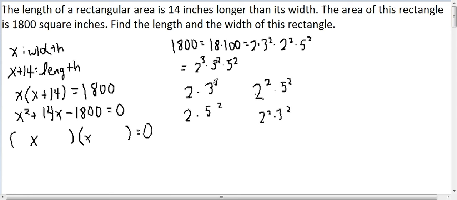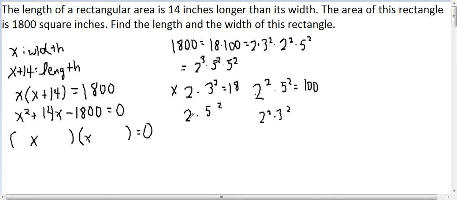Okay, let's write this out. 2 times 3 squared, which is 9. 2 times 9 is 18. And 2 squared is 4. 4 times 25 is 100. So if we get 18 and 100, 100 minus 18 is equal to 82, and that doesn't match 14. So this isn't the factorization we're looking for.